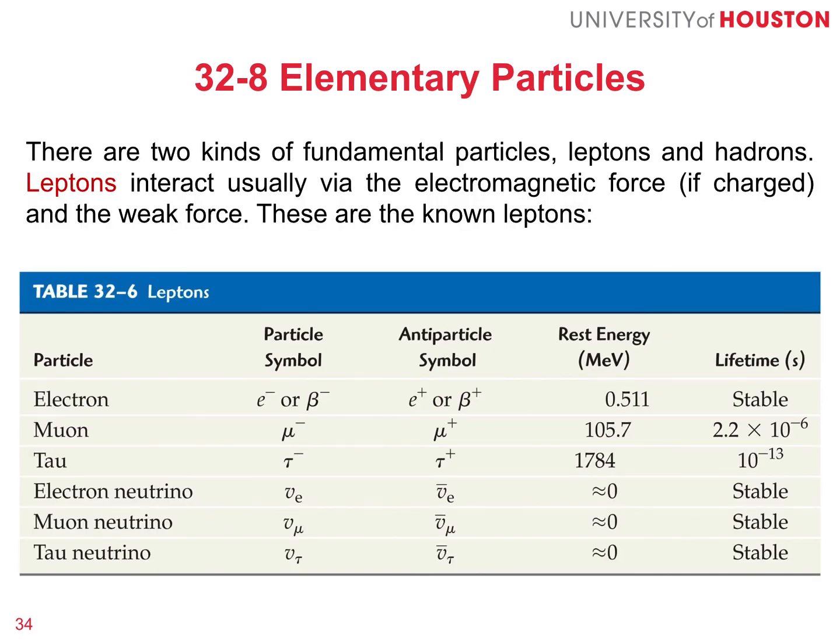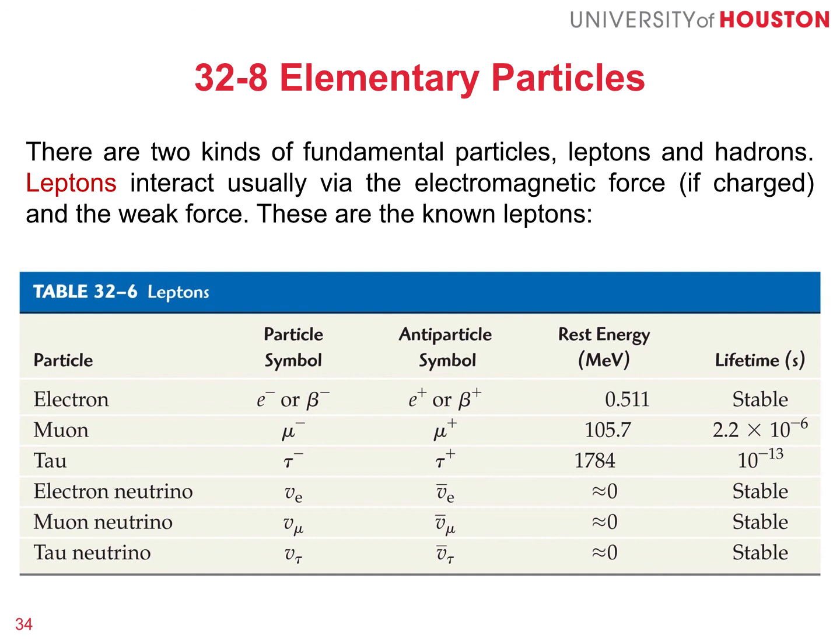There are two types of fundamental particles, leptons and hadrons. Leptons usually interact via the electromagnetic force if they are charged, or the weak force. Here is a table of the known leptons. We have the electron, muon, and tau, and the electron neutrino, muon neutrino, and the tau neutrino.